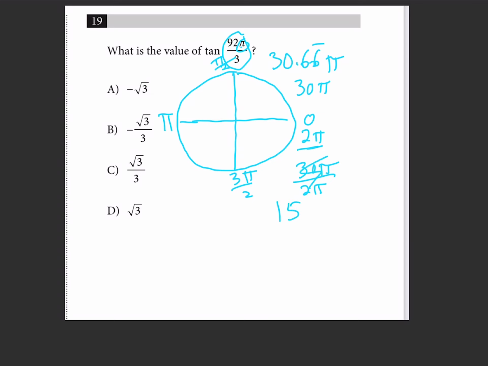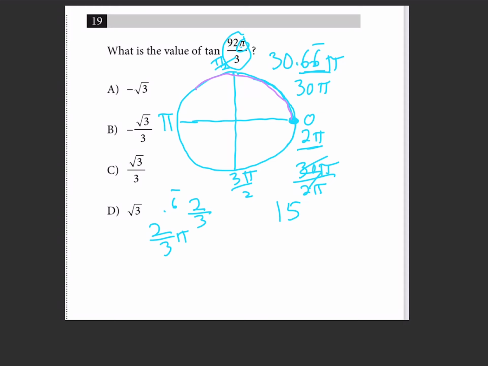But what's important is, when I've gone around for the 15th time and I'm right here, I have 0.66 pi left to keep going. We want to recognize that 0.6 repeating is 2 thirds. That means I have 2 thirds pi that I still can keep going. Okay, so I have 2 thirds and I'm going to keep going.